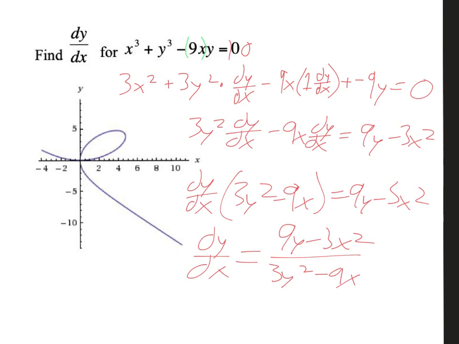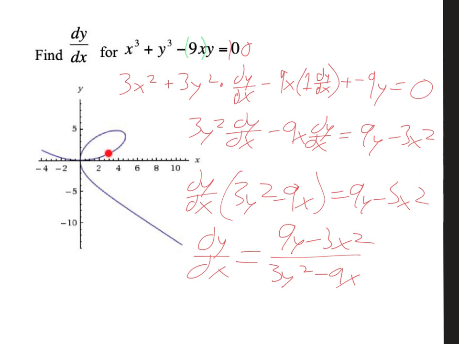Now I said in the beginning it was important to notice that we had both x's and y's in this equation. And notice now we have both x's and y's in our derivative. And that's important. The reason that is important is, like we said before, we have a relationship here that is not a function. So if you said, what's the slope at x equals 3, well, how do I know which slope you're talking about?